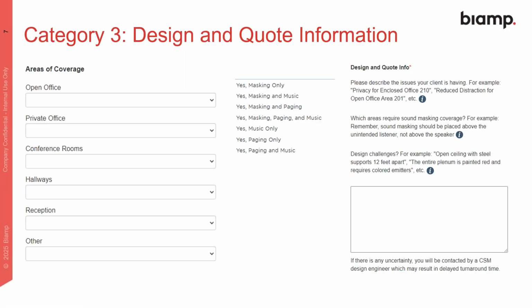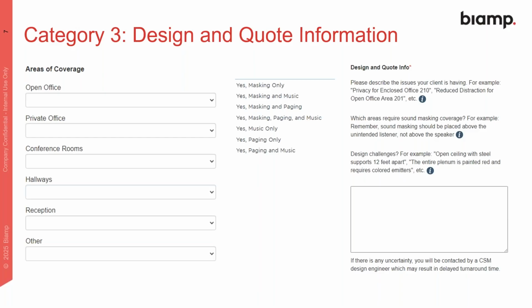It gives you each individual choice so that you can describe that in the field itself. So if you want masking and paging in the open office, but you only want masking in the private office, you can select that.